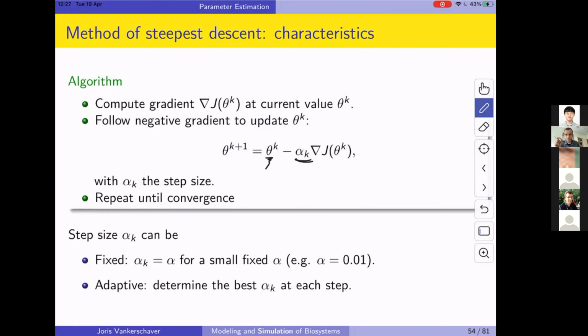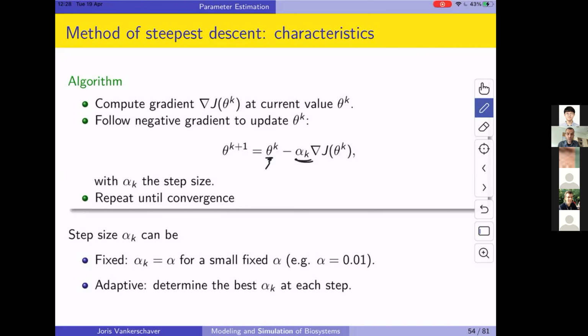Are we going to take small steps, or are we going to take big steps? We can be very simple and make the step size very small but fixed. That's going to give us a very simple method to implement. Just always do the same thing: compute the gradient, multiply by a small constant, and then add that to your parameter estimate.